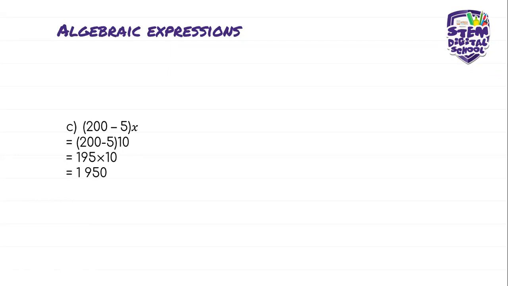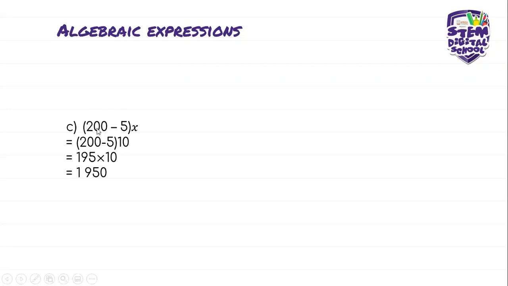So can you see that the value of the expression in C is different from the value in A. In A, you found 150, and then in C, you have 1,950.